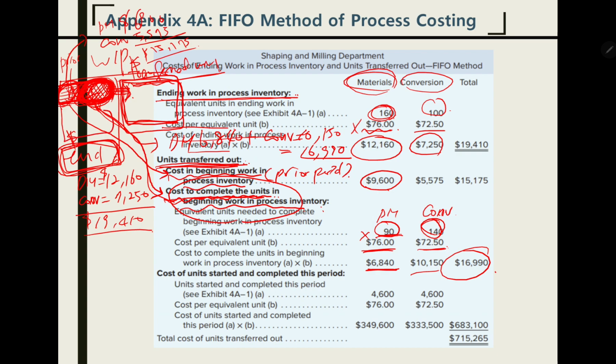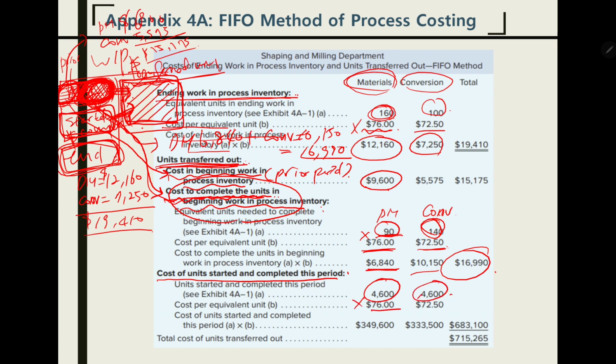And then the remaining one is the units that were started and completed during this period. They also go into the dollar value of transferred units, right? They are 4,600 units.